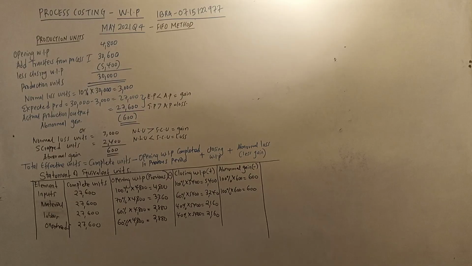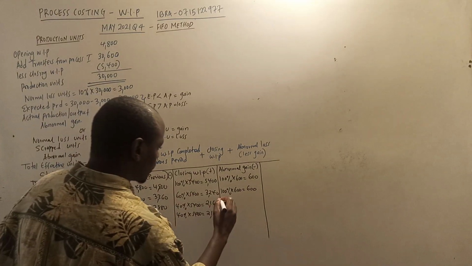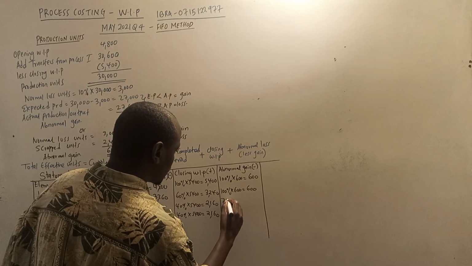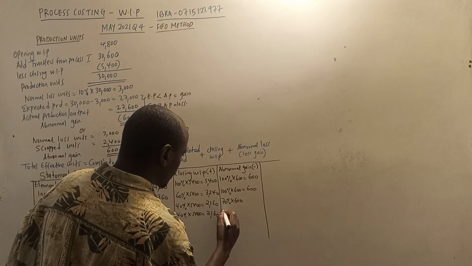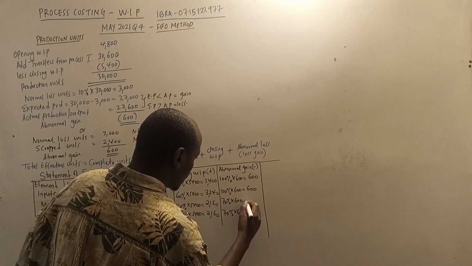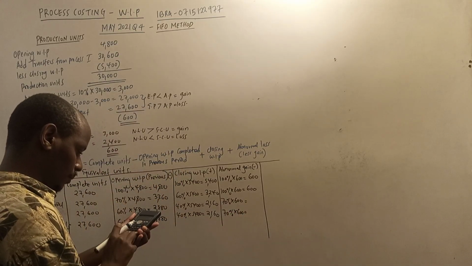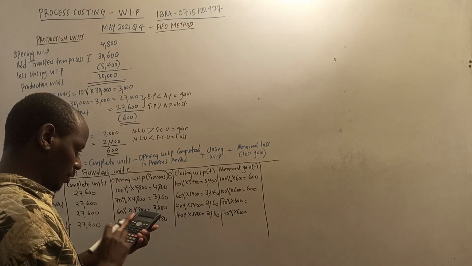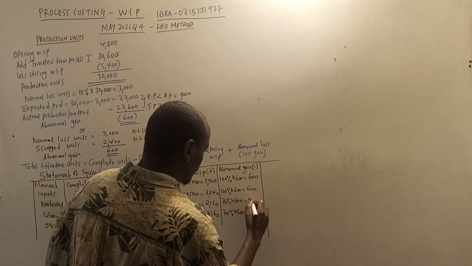Then for labor and overheads it is 70 and 70. So 70% times 600, also 70% times 600. So 0.7 times 600 is 420.